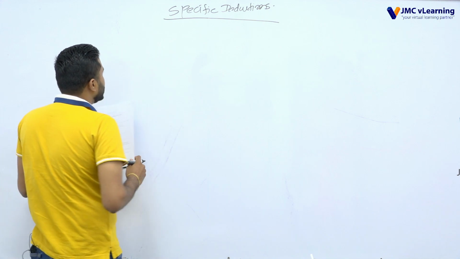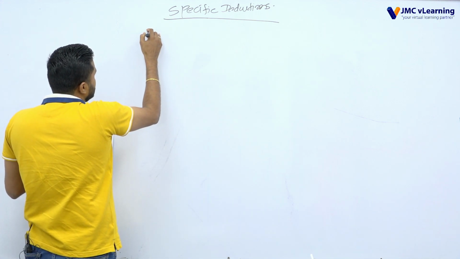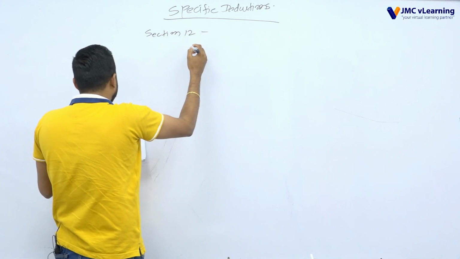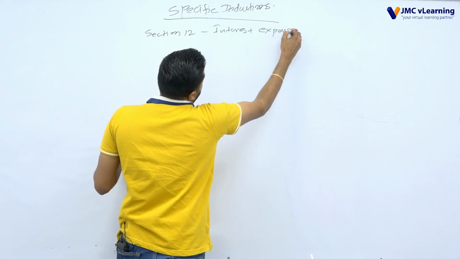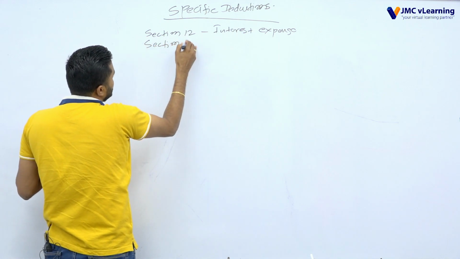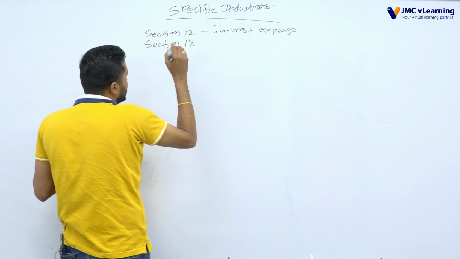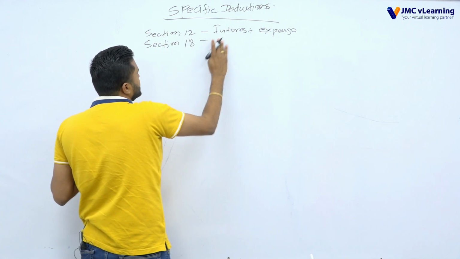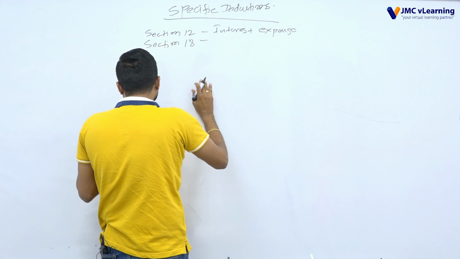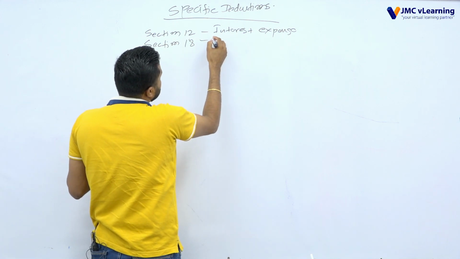First I will discuss section 12, regarding the interest expense. Section 12 needs to be discussed together with section 18, the deductible amount of finance cost.